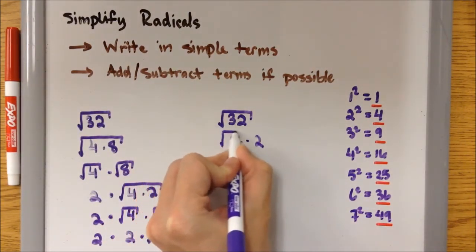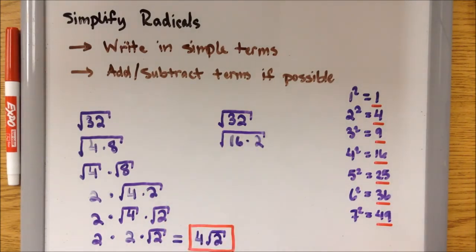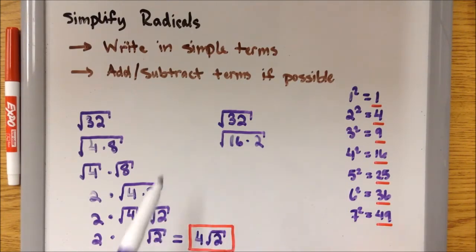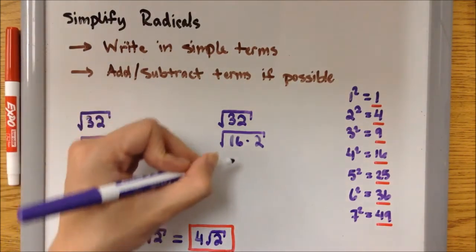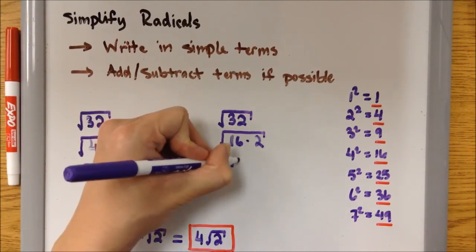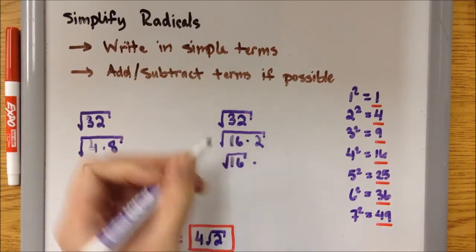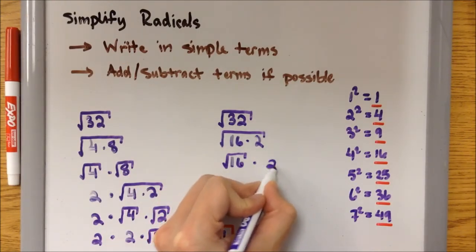And then square root. So square root of 32 can be broken down to 16 times 2. Now I'm going to separate it as two square roots. So square root of 16 times square root of 2.